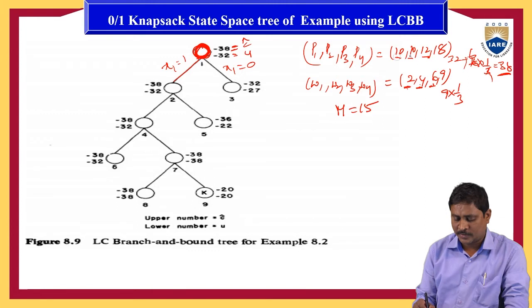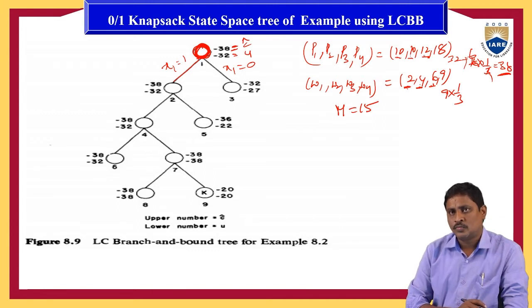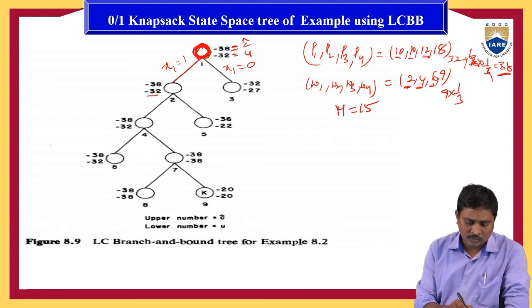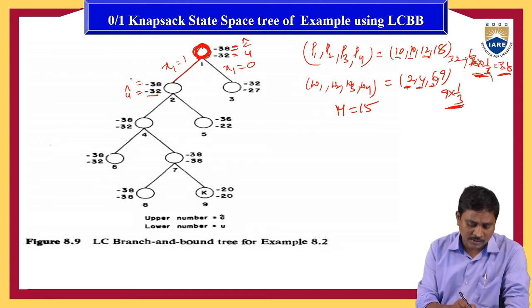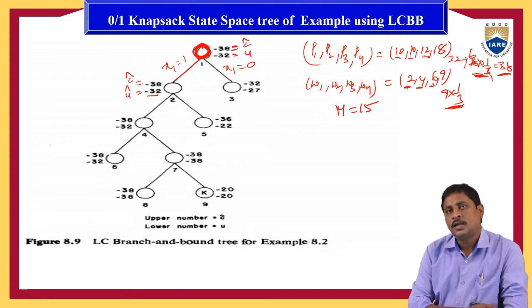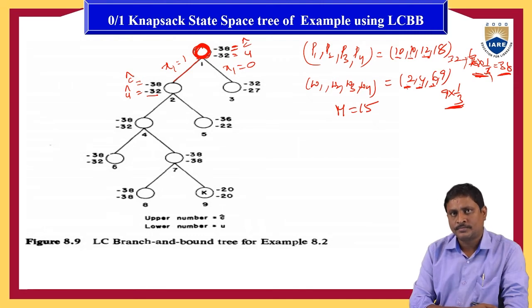Same, 10 plus 10 plus 12, 32. Minus 32 is the upper bound. Same here, also 2 plus 4 plus 6 plus 9, in this 9 we take 1/3 part. So here also in this 18 we take 1/3 part. 6 plus 32, minus 38. This is the lower bound or ranking function value.